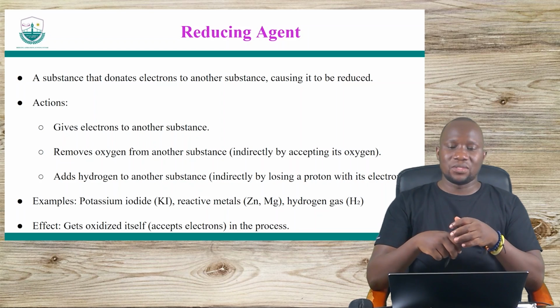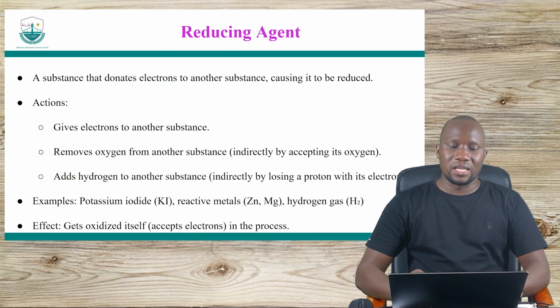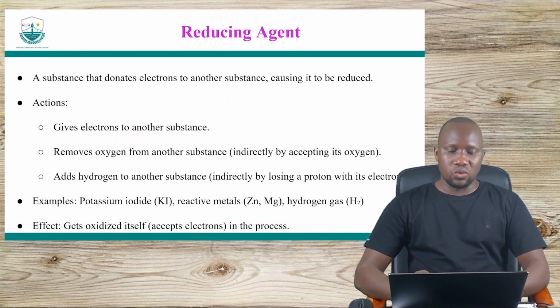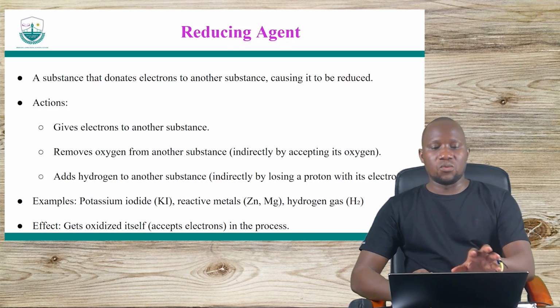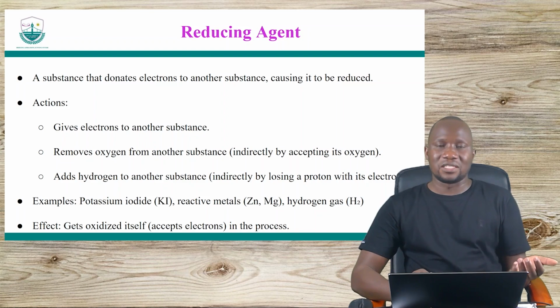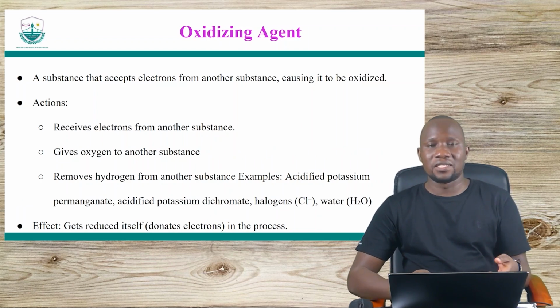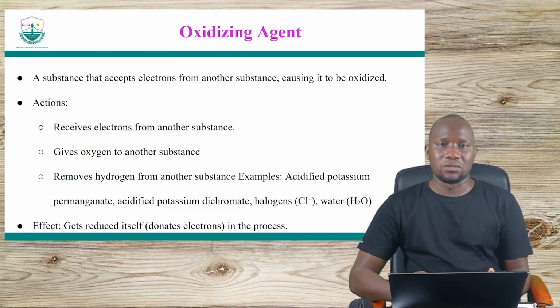So the terms reducing agents and oxidizing agents are things that you need to be familiar with. You need to know examples of the reducing agents and the oxidizing agents. Basically, reducing agents are the things that we have just discussed in reduction, and oxidizing agents are those that we have just discussed in oxidation.